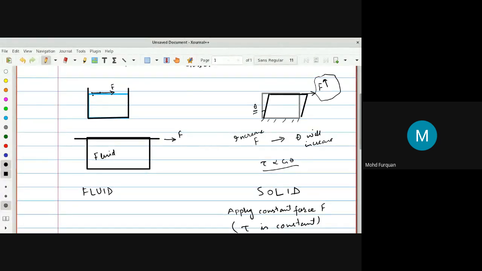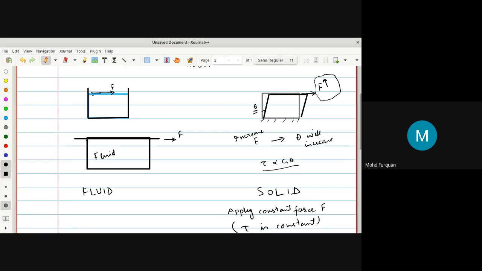Theta is fixed with time unless you increase your force. If you increase your force, theta will change to a new value, and if you keep force at this new value, that increased theta will remain constant.